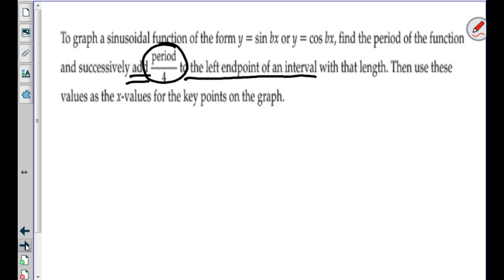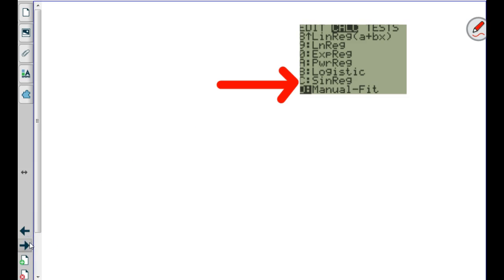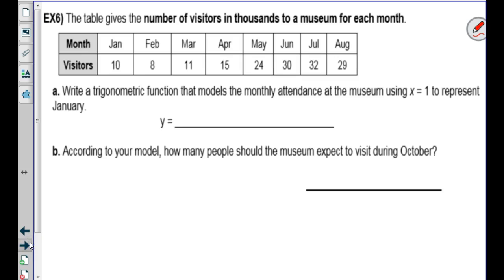All right, so these were our notes. We may need to come back to these, but for now, let's just do the regression. Okay, so this is example 6 at the bottom of worksheet 12B. So January, February, March, April, May, June, July, August.